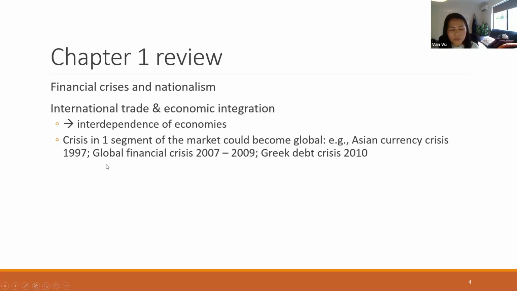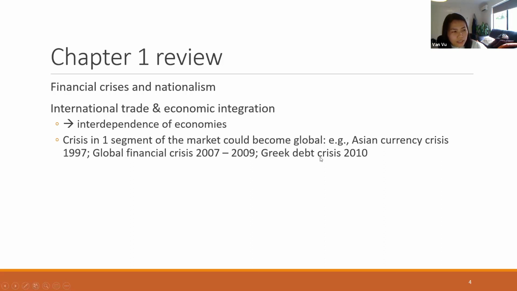Similarly, the global financial crisis of 2007-2009 started with the subprime mortgage market in the US, and it spread around the world to create a global financial crisis, right? That was because a lot of international financial institutions invested in the US at that time, okay?